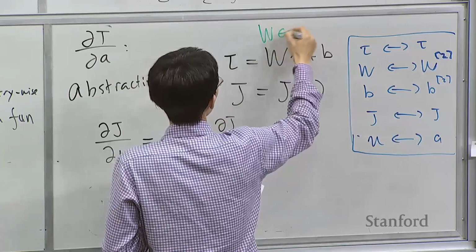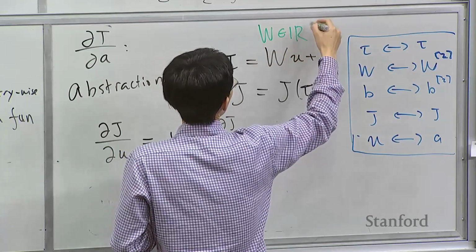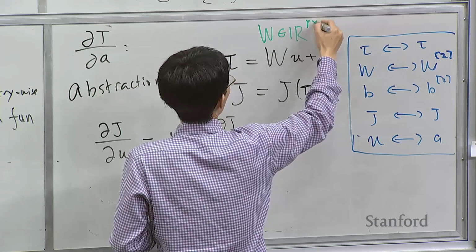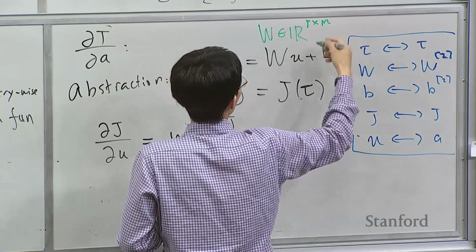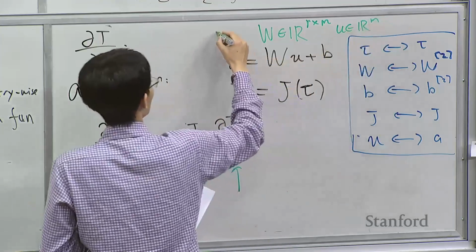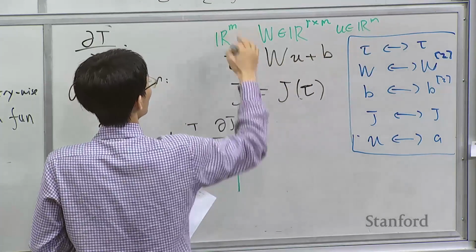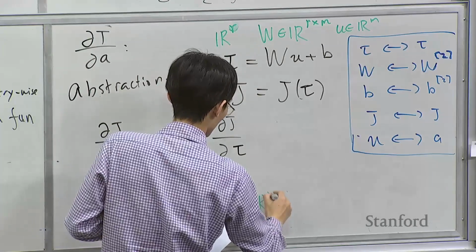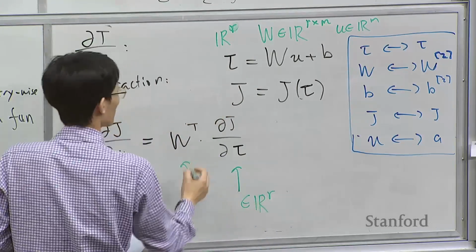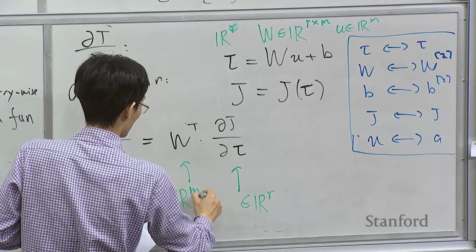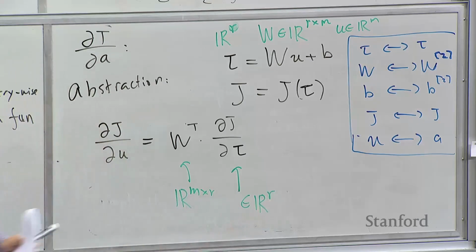Say W is R times M, and U is of dimension M, and tau then has to be of dimension R. So dJ over d tau is in dimension R, and this W transpose is in dimension M by R. And that's why they can be multiplied together.